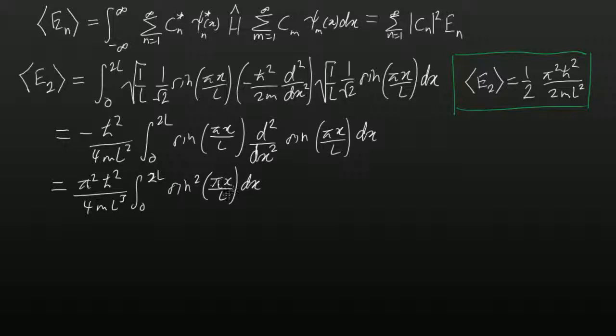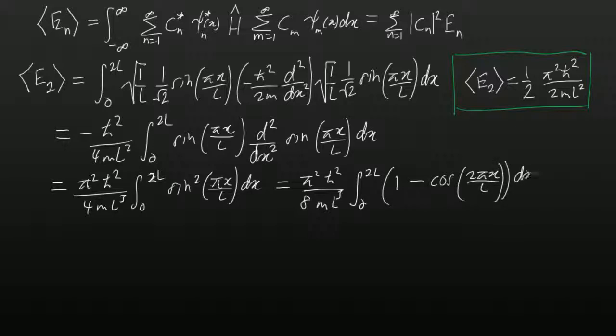Okay, now this integral is not too hard to do. We just have to use a trig identity as we've done before. So it's a half, now the 2 down there does a thing mathematically. So 1 minus cosine of 2 pi x on L dx.